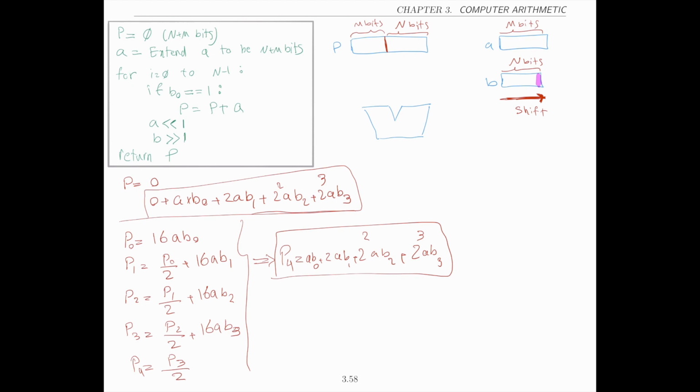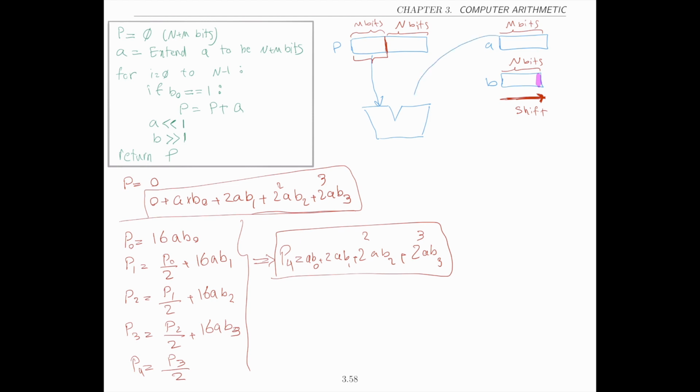Why did we have 16 here? 16 is a sort of equivalent of what we call 2 to the n, 2 to the 4, which is 2 to the n here, right? So what if I just take A and add it with only this most significant part of P?